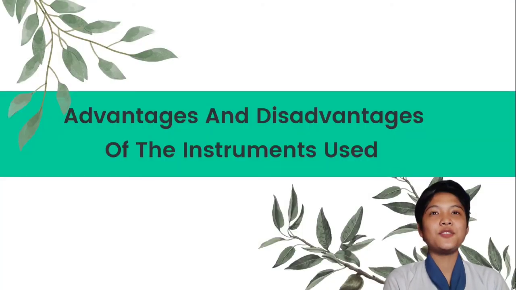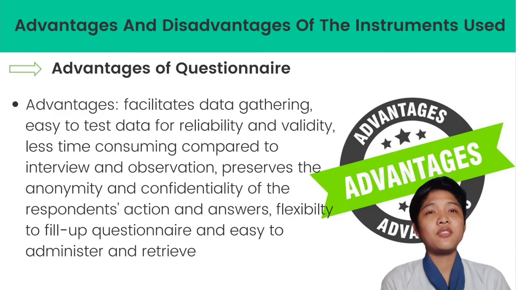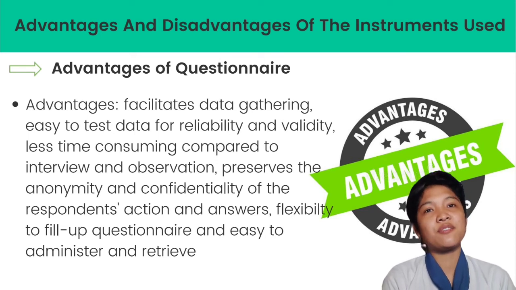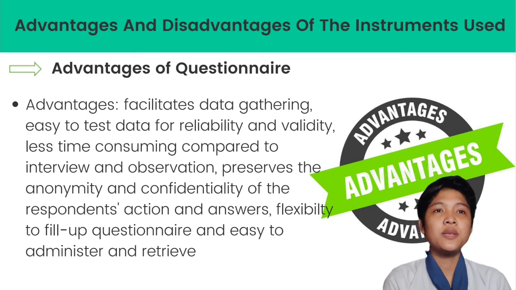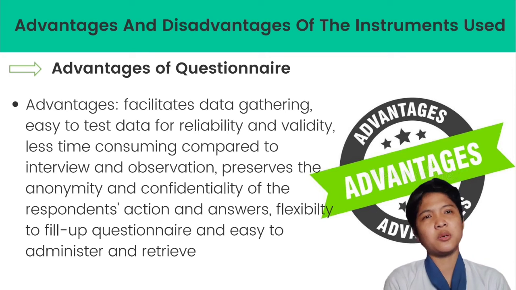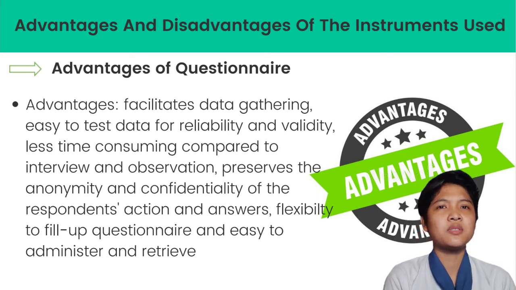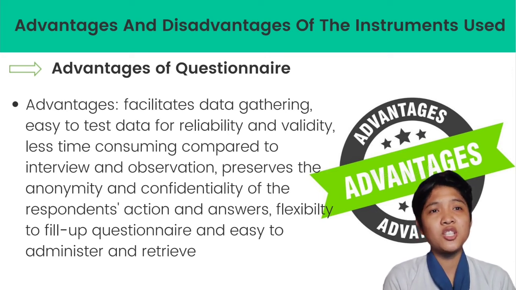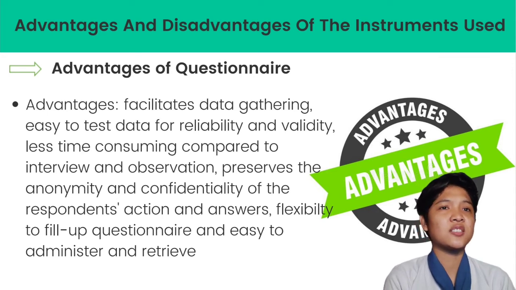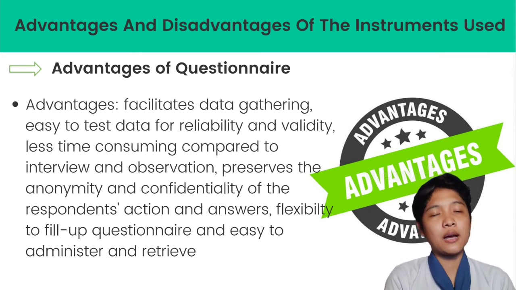So let's proceed to the advantages and disadvantages of the instrument's use. For the advantages of questionnaire, we have facilitates data gathering, easy to test data for reliability and validity, less time consuming compared to interview and observation. It also preserves the anonymity and confidentiality of the respondent's action and answer, flexibility to fill up questionnaire, and easy to administer and retrieve.